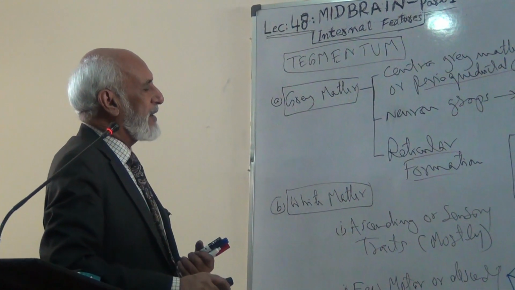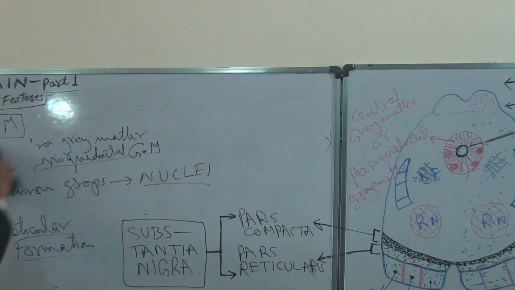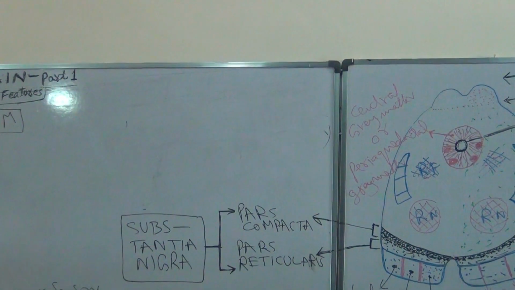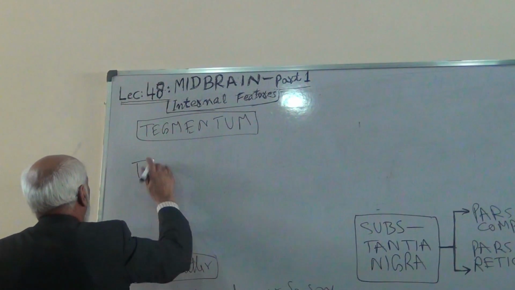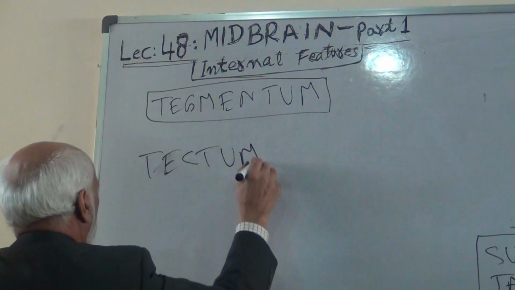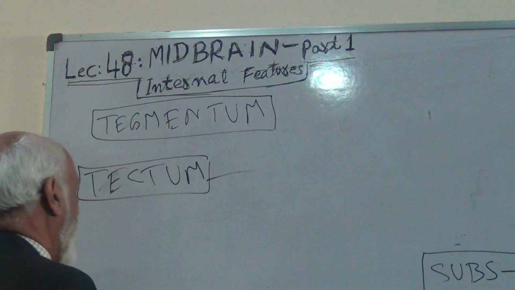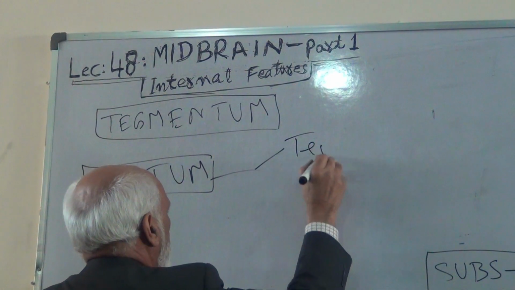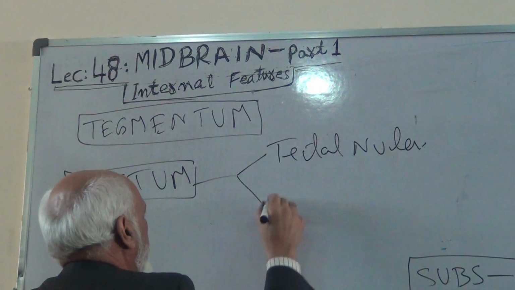And the most dorsal part of the midbrain is known as the tectum. Tectum is the dorsalmost part of the midbrain, and it comprises the tectal nuclei and pretectal nuclei.